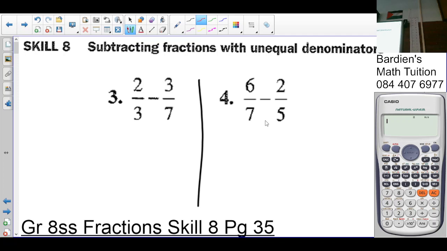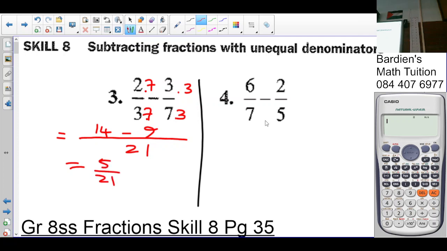No. 14? 21? Yes. So 21 is your LCM, your LCD. So 3 multiplied by what is 21? 7. So 2 times 7 is 14, minus. 7 times what is 21? 3. 3 times 3 is 9. What is 14 minus 9? 5. So it's 5 over 21.